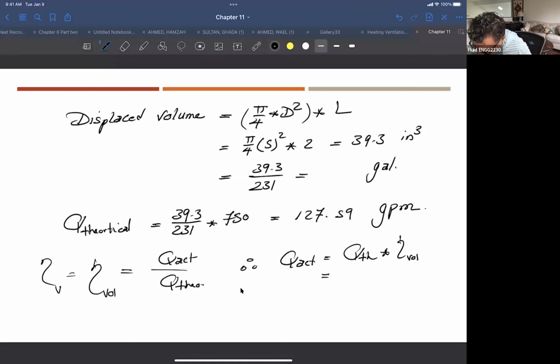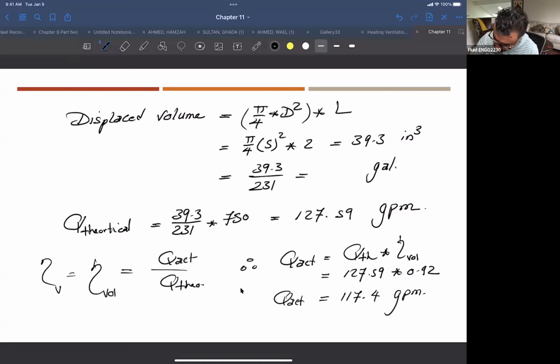So Q theoretical here is 127.59 times the volumetric efficiency of 0.92. That means Q actual is 117.4 gallons per minute.